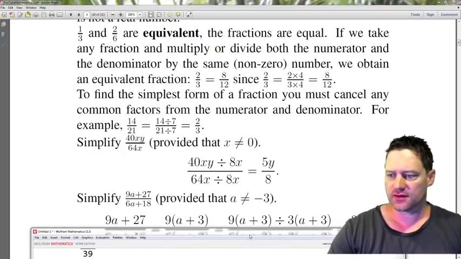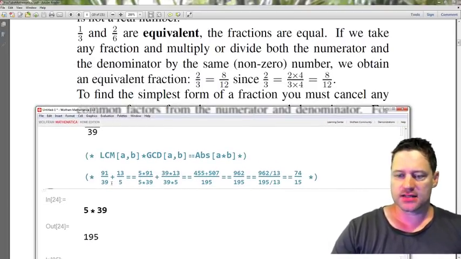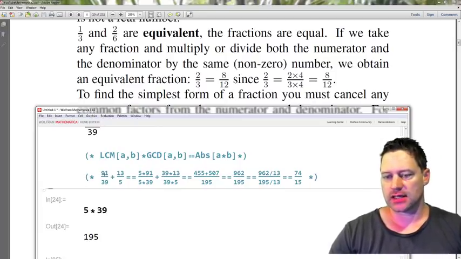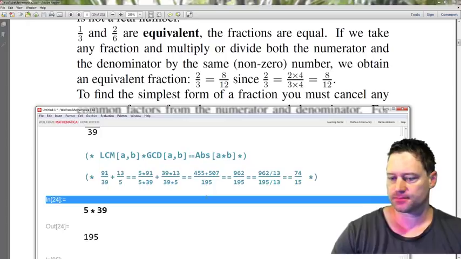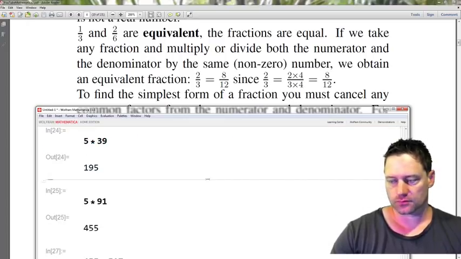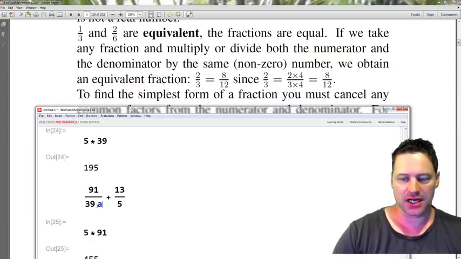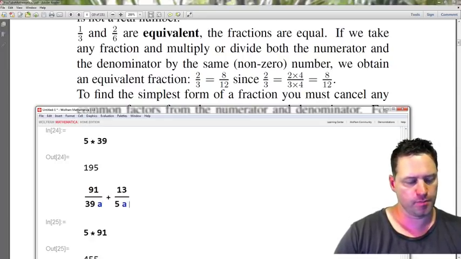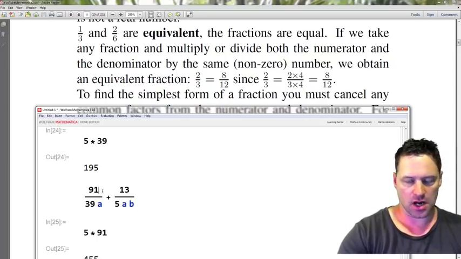Now, what if they had some letters in them? All right, so let's just do a variation of this. I'll come in here, and let's suppose that was 39A, and this one was 5AB, and then this up here was 91B.